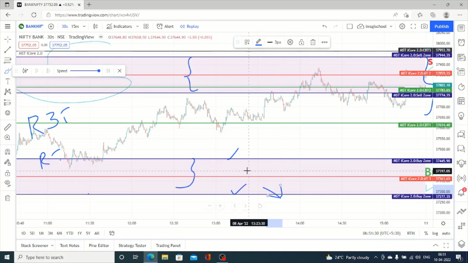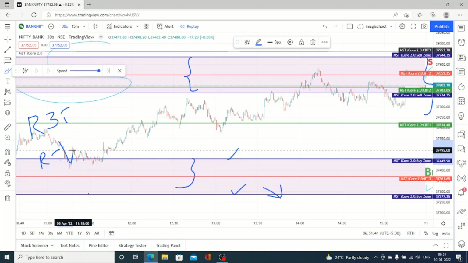What is the only one entry in a day? See here, whenever the market is coming here and touching, while it is crossing back, when it is taking what we call reversal, find any price action pattern or R3C, or you can immediately take the entry as per the number given here.